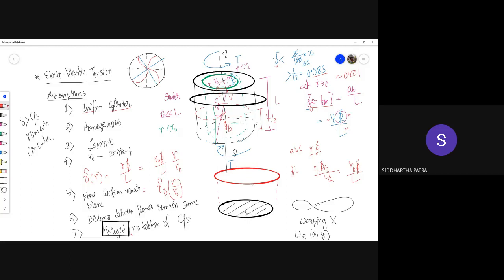So with respect to this cross section, the bottom face is fixed, the top face rotates. The cross section rotates rigidly, but it does rotate with respect to the other cross sections, and that's what gives you the shear strain. All of these assumptions go into getting this expression right here, and this is important.